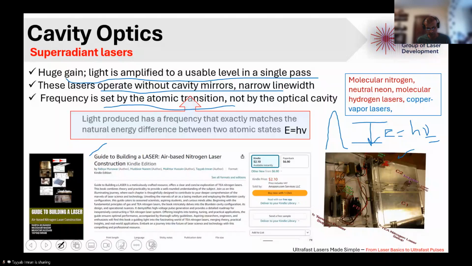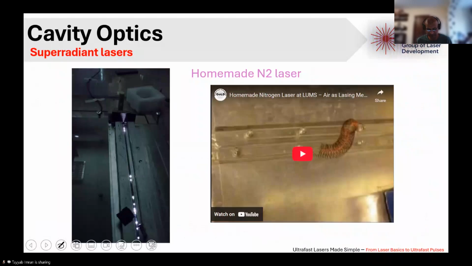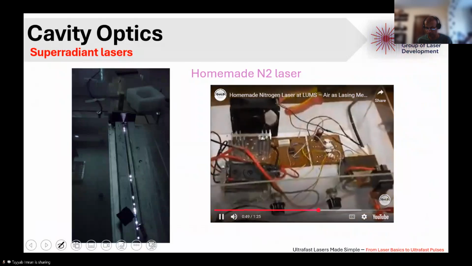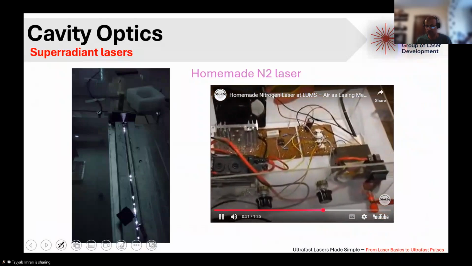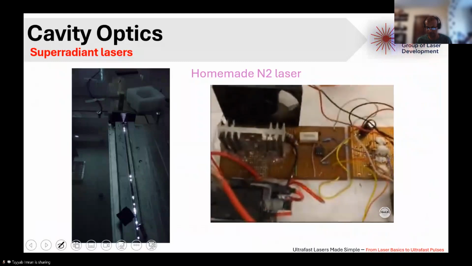Okay, so this was the superradiant laser, and you can see these on YouTube. I have shown this already. Two capacitors are used here, in a homemade kind of laser, and when they discharge.